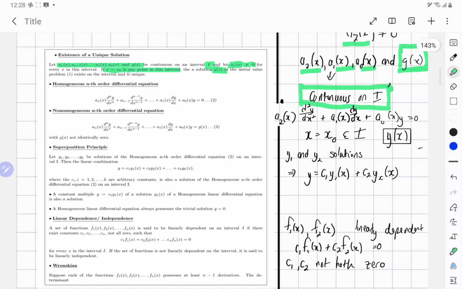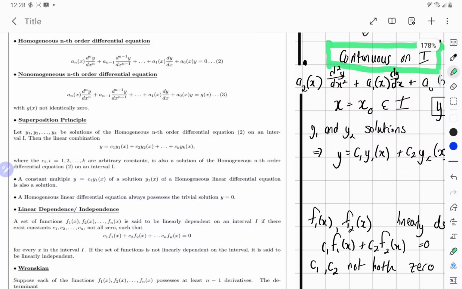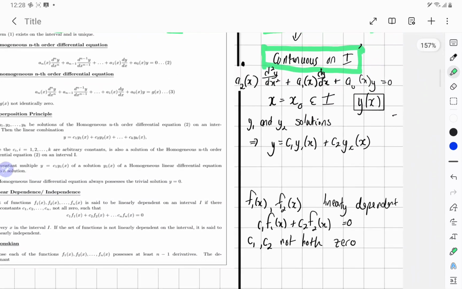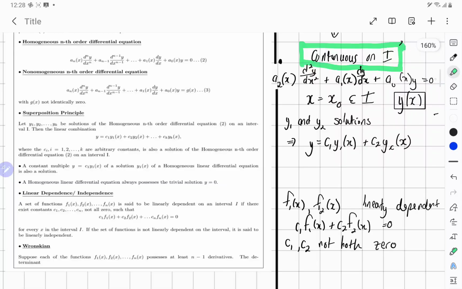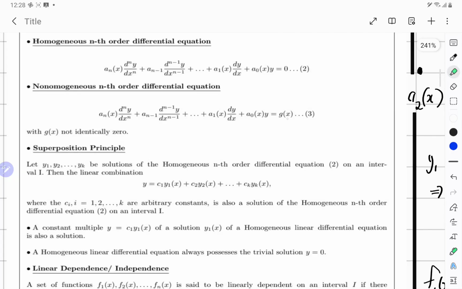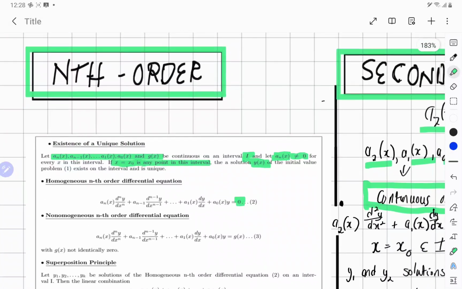Now we will look at what a homogeneous differential equation is. A homogeneous differential equation is when our g(x) is 0. Nth order homogeneous, our g(x) is 0.